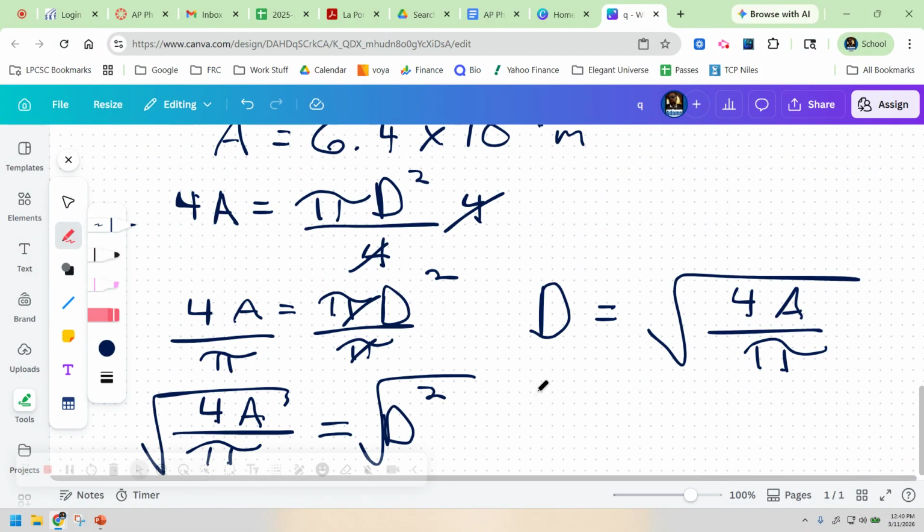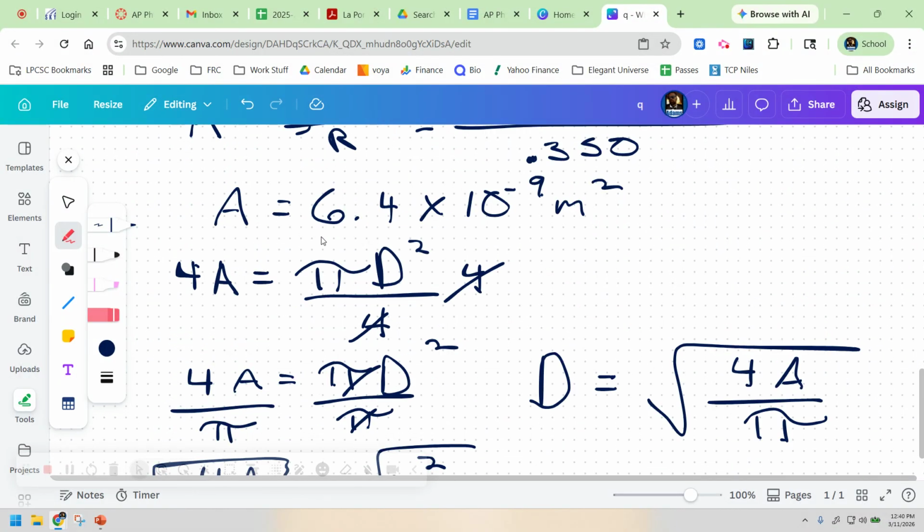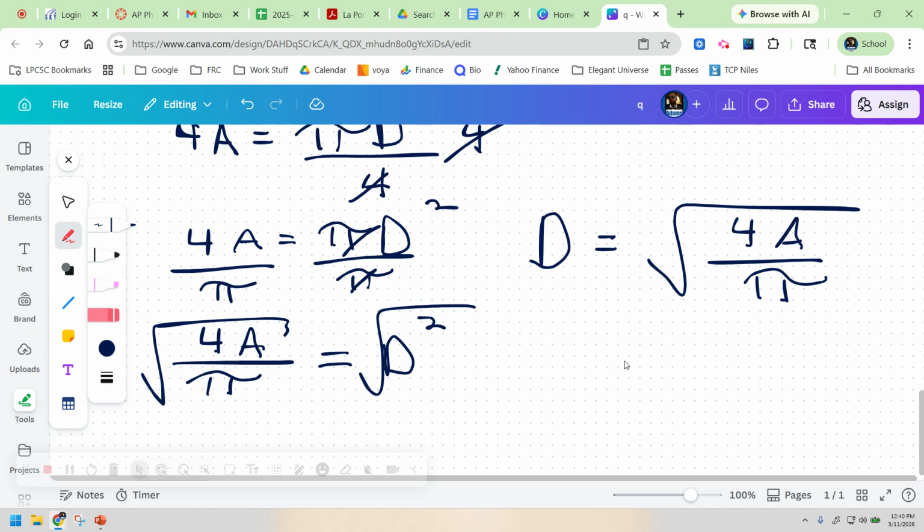So then to finish this problem, I'm going to take this number here, the 6.4 times 10 to the negative 9, and plug that in for my area. So to find the diameter, I'm going to say the square root of 4 times, we'll just do parentheses, it's easier.